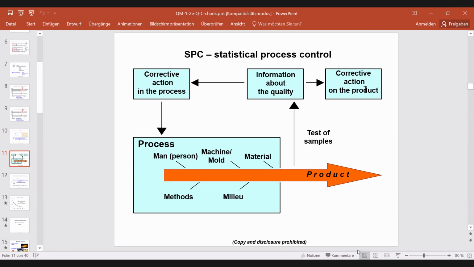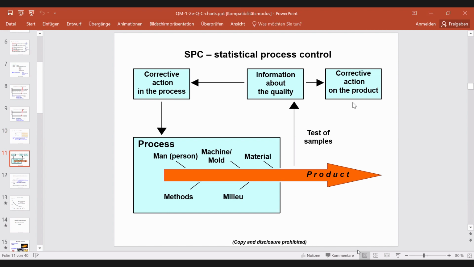The corrective action on the product can need rework of the product. In most of the cases, this is too expensive. They also have to separate the good parts from the poor parts, so the parts with quality and the parts without quality. So this is an additional effort, an additional action, and this costs money, and this is mostly not paid by the customer.